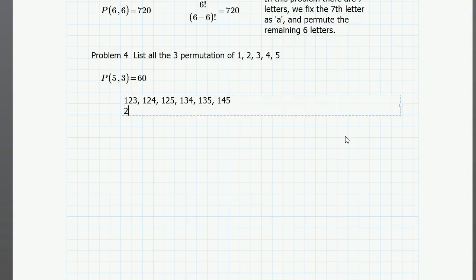Let's do 2, 1, 3, 2, 1, 4, 2, 1, 5, 2, 3, 4, 2, 3, 5, 2, 4, 5. Okay. And now let's see, 3, 1, 2, 3, 1, 4, 3, 1, 5, 3, 2, 4, 3, 2, 5, 3, 4, 5. And so far we've got 15.